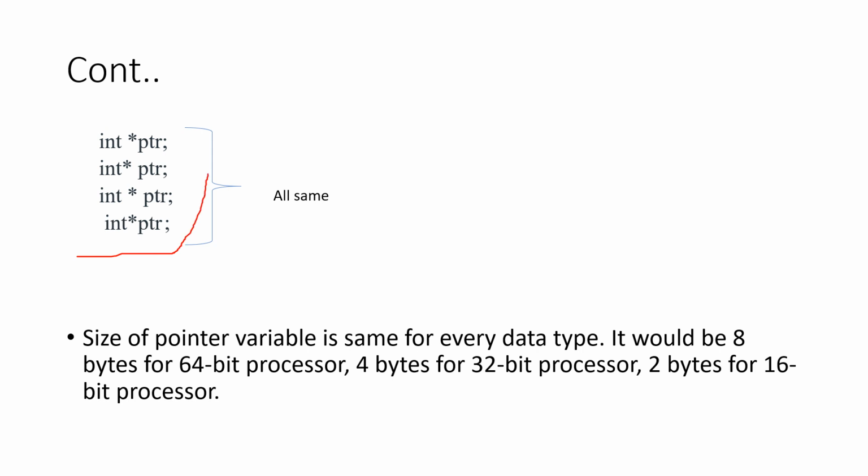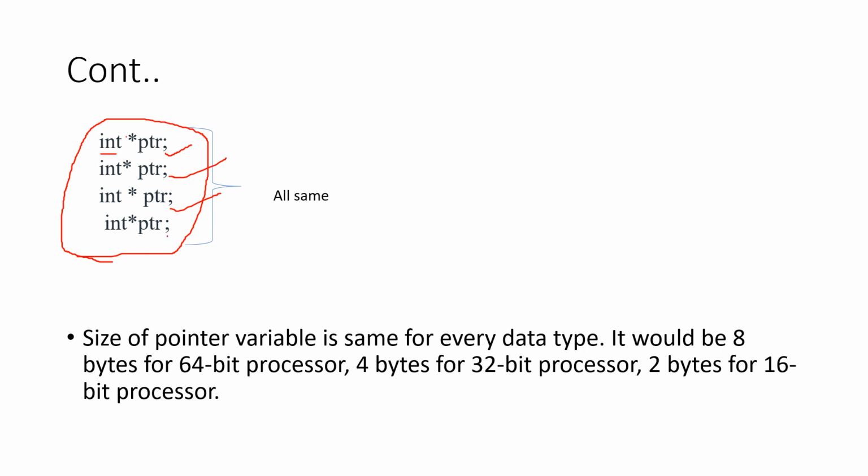While declaring a pointer, there are four ways you can declare. One is int, a space, and then a star ptr. This is also the same if you don't want to give a space and write the star and ptr. If you want to give a space between int and ptr, that's also fine.